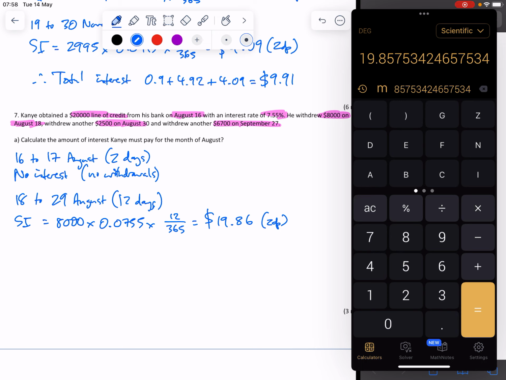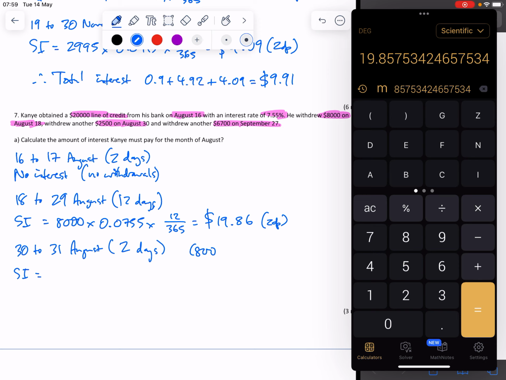He withdrew another amount on August 30th. So 30 August, and August is a 31-day month, so 31 August. 30, 31, 2 days. Simple interest is equal to, he had 8,000 withdrawn, but he withdrew another 2,500.